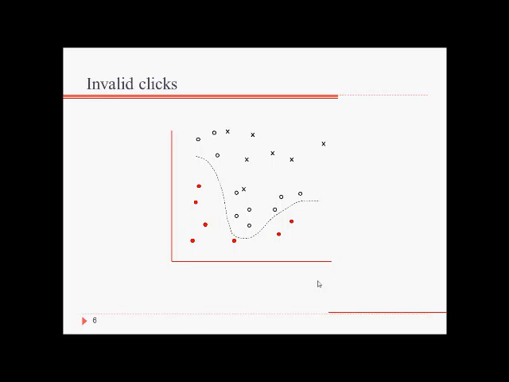We can draw two classifier boundaries to identify these two groups. But what do we do with what is left behind? Unfortunately, most of the clicks land in this fuzzy region.